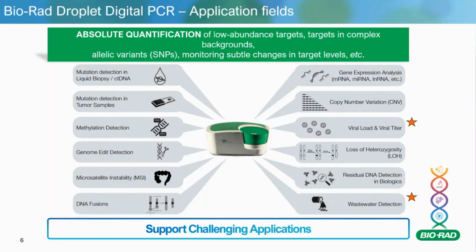And then viral load, viral titer, and then obviously this isn't part of the supporting challenging applications, but just detection, presence, absence as well. In terms of challenging applications, obviously the field is quite large, and this is just a small subsampling of the different applications that can be used by the technology. So really just an overview.